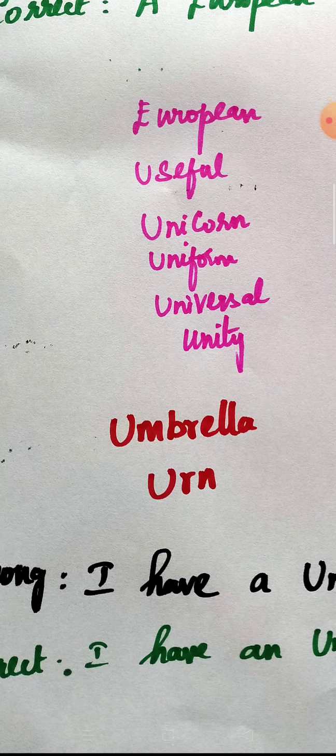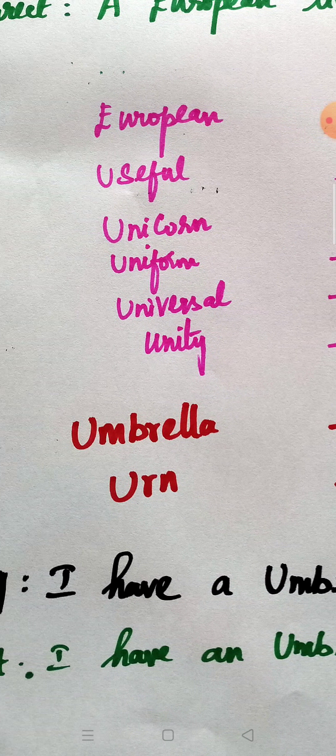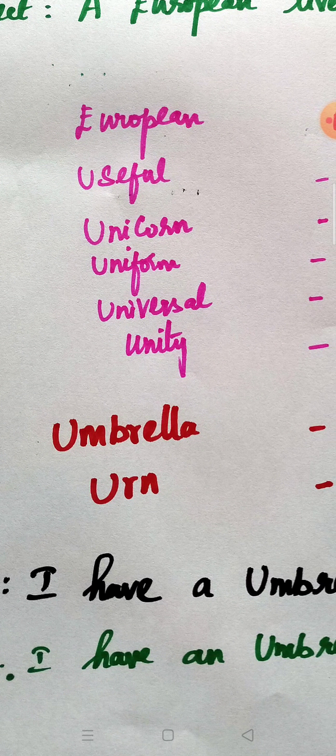See this one. I have an umbrella. The correct one is I have an umbrella, because although umbrella starts with the letter U, it is pronounced like that, a vowel sound, so we have to put an before that.